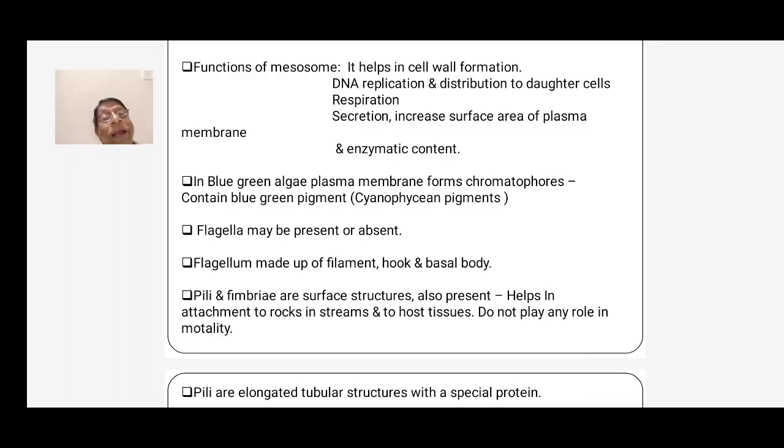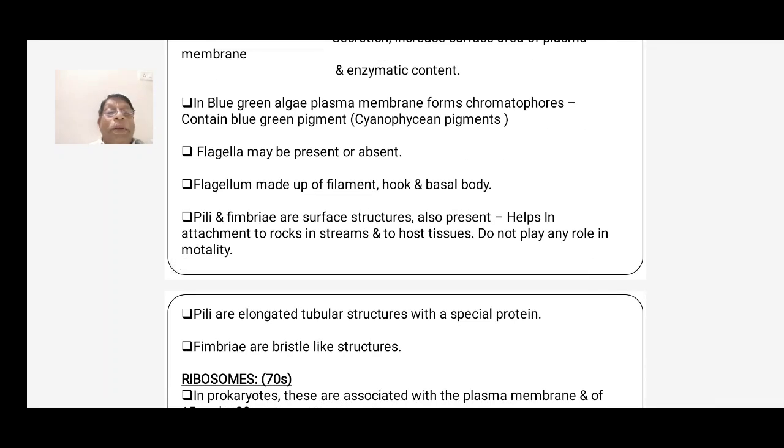Then what are pili? Pili are elongated tubular structures with a special protein. Then what is the difference between pili and fimbriae?